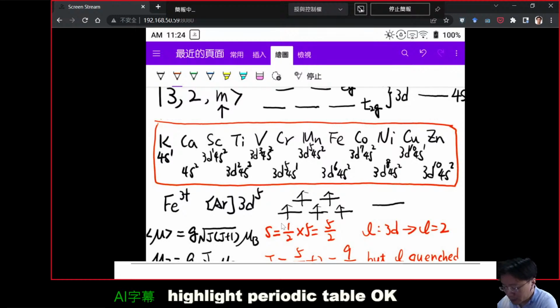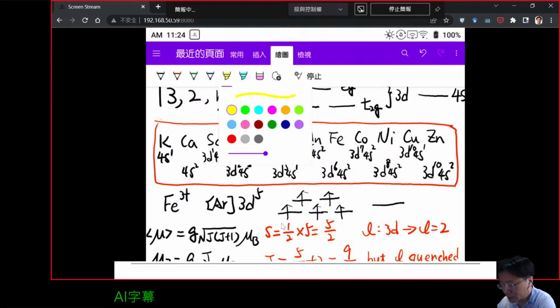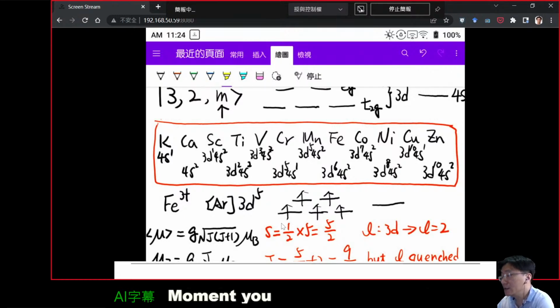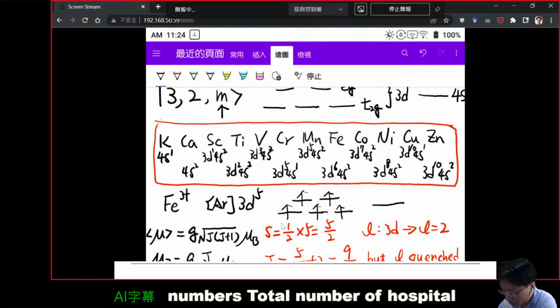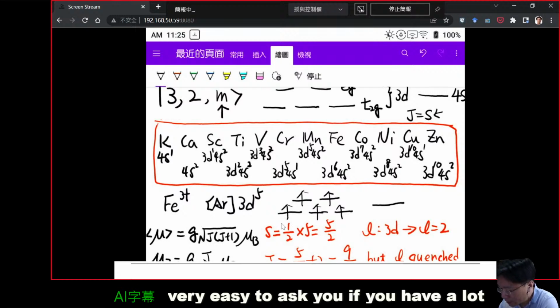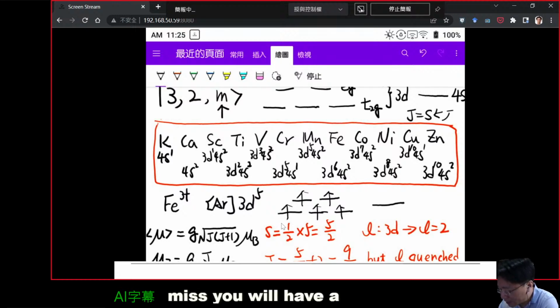You can imagine that if you want to create a very large magnetic moment, you need a very large total spin number, right? Because for the 3d transition metals, the J value here is equal to the S value. If you have a very large S, you will have a very large average mu_z, right?